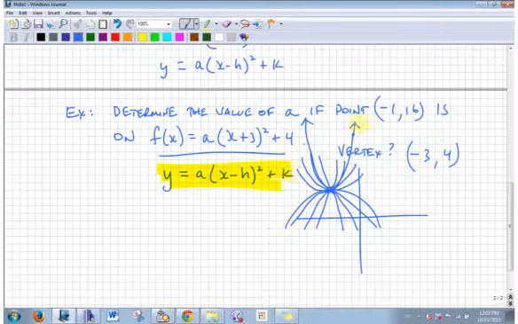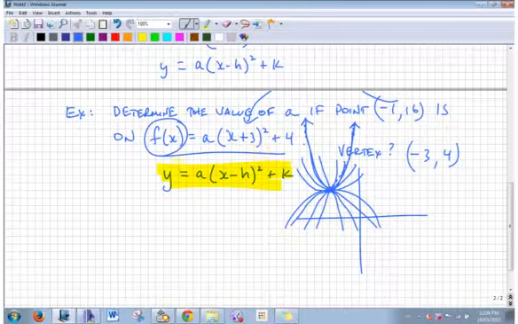So remember, this is an equation for every single point on this parabola, a unique equation for that parabola. So if that's a point on the parabola, it's got to work in that equation. What do I do? Starts with an S. Substitute that point in here and solve for A.